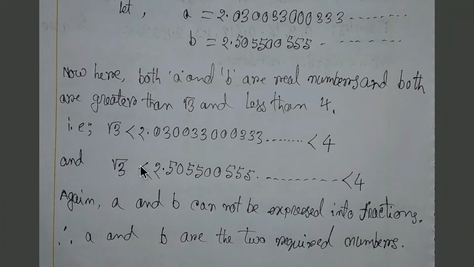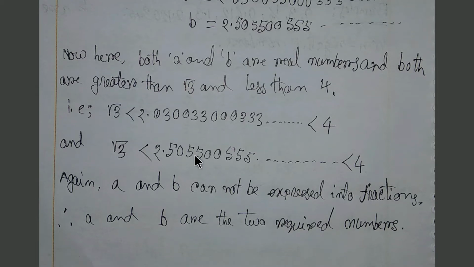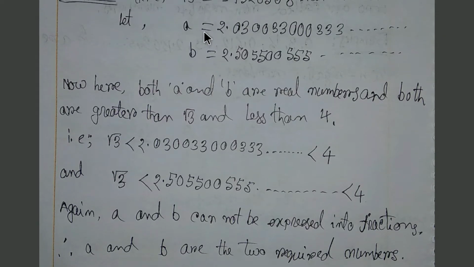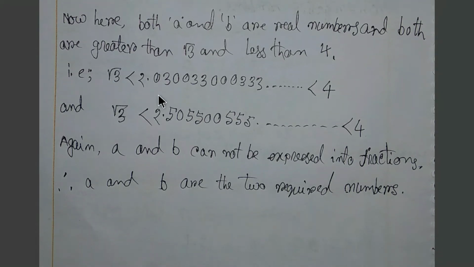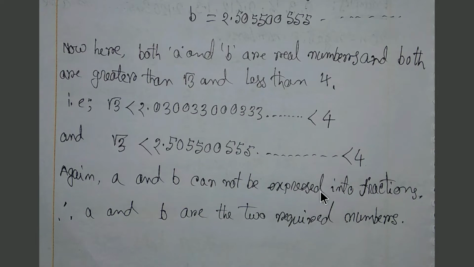As for example, we all know that root 3 is less than or equal to a. We have considered a is equal to this value. Root 3 is less than or equal to 2.030033 and less than or equal to 4, and root 3 is less than this value, less than 4.